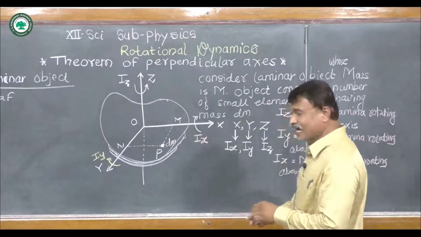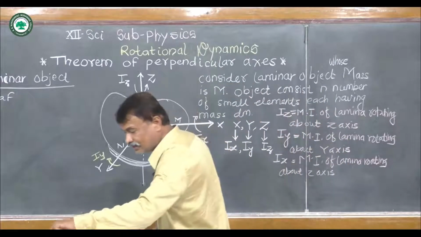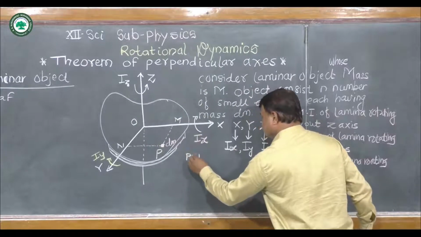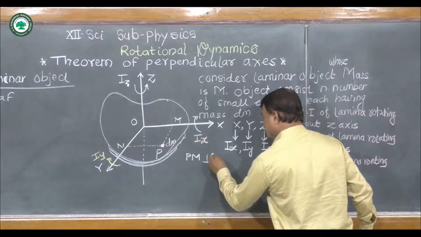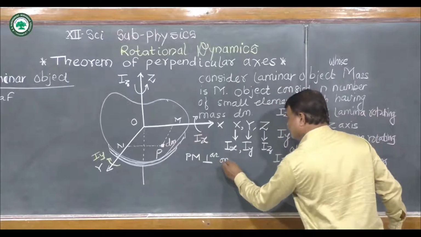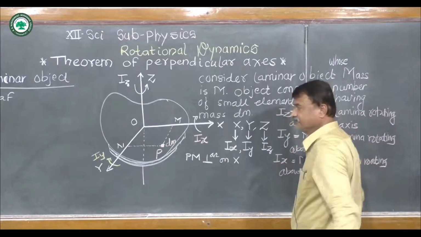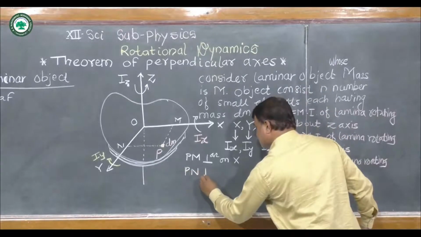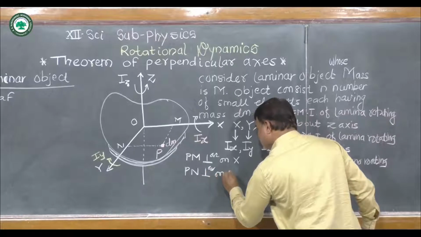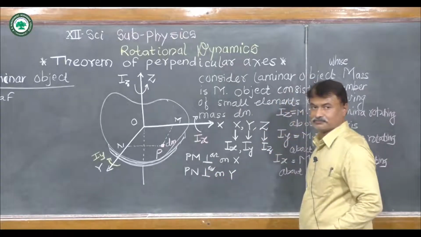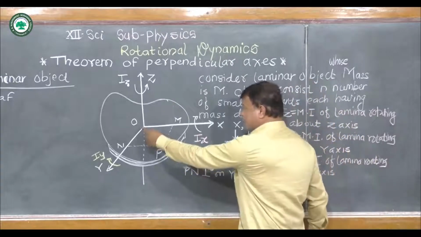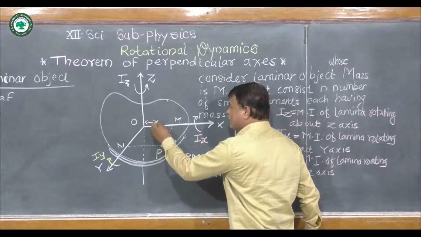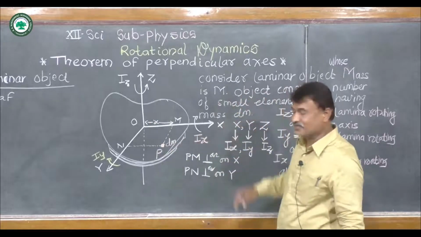Now according to this diagram, we can write PM is perpendicular to the x-axis, and also PN is perpendicular to the y-axis. Now if we consider this distance OM along the x-axis, its magnitude is given by small x as it is along the x-axis.